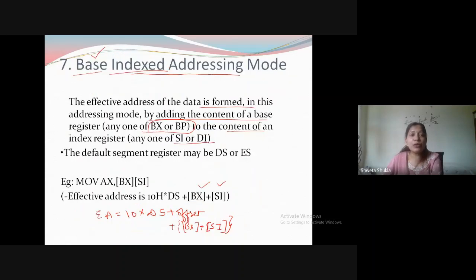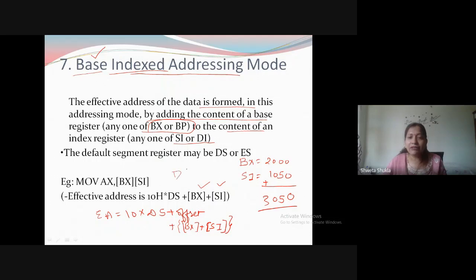Just in a similar way you will use the base and index register. Here I would also like to tell you, suppose the value of BX, we have again taken it as 2000 and the value of SI is again 1050. So what will be the complete value of the offset? It will be 3050.